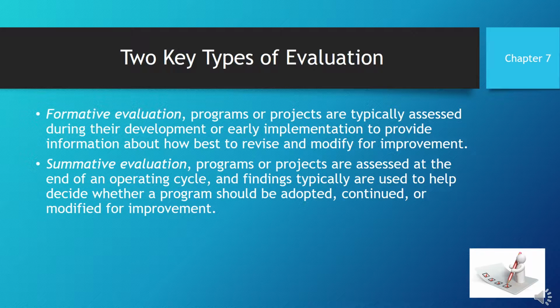In summative evaluation, which is also called impact evaluation, programs or projects are assessed at the end of an operating cycle, and findings typically are used to help decide whether a program should be adopted, continued, or modified for improvement.